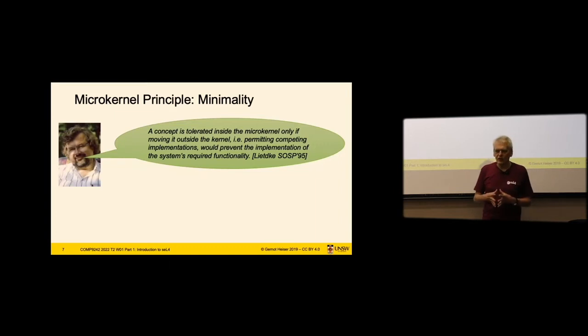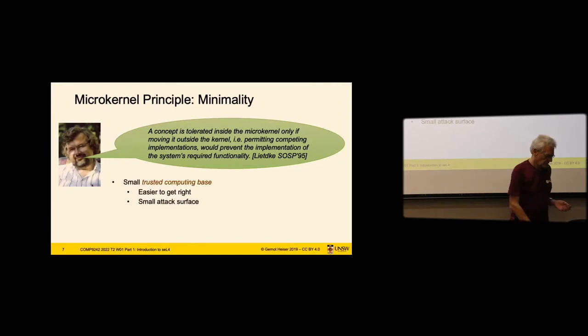You don't need device drivers in the kernel, with the exception of an interrupt controller driver and a timer driver for preemption. Those are the only drivers you need in the kernel. And beyond that, as we'll see, the kernel is mostly a fast context switching engine. Its job is just to multiplex the hardware and then securely switch it.